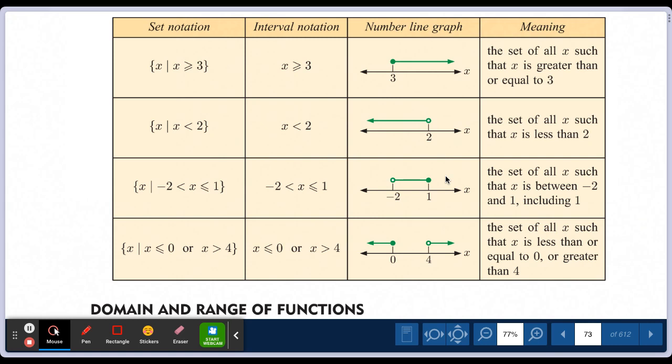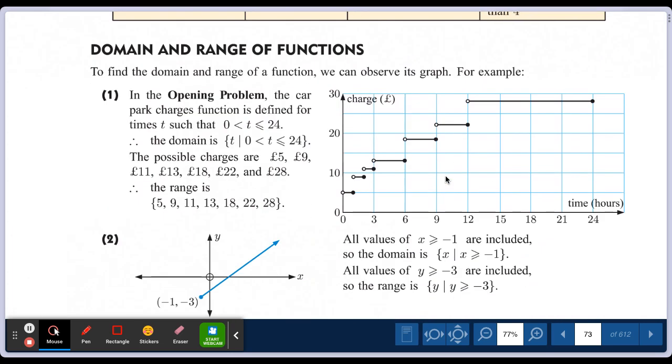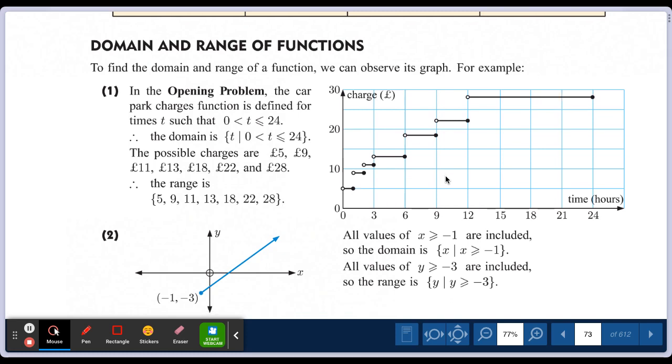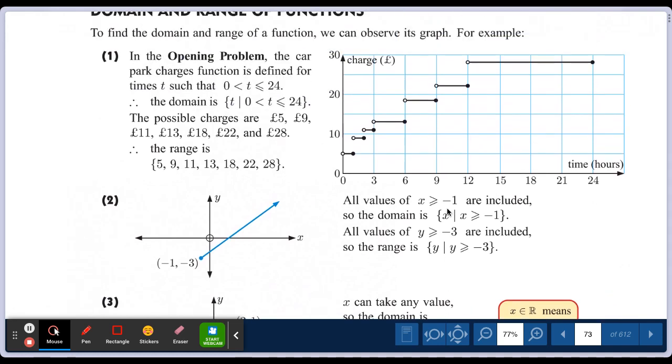Interval notation isn't always pretty, but for the basic cases at least, it does work fairly well. Okay, so what you're going to be given in the next exercise, we've got about 15 minutes left, is a bunch of graphs, and you need to work out what the domain and range is.